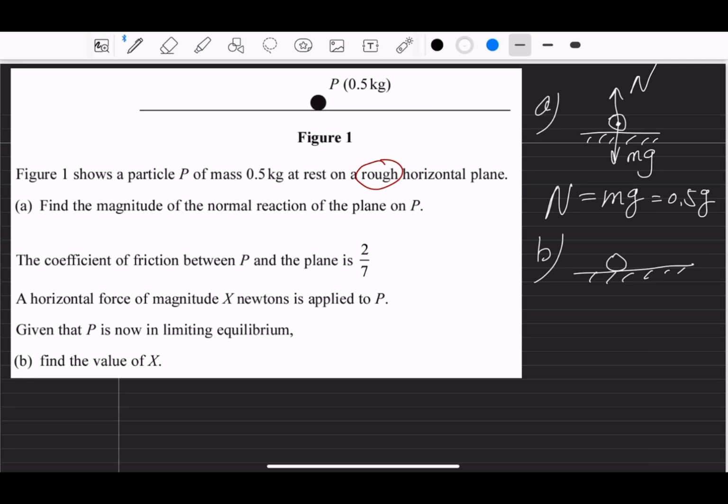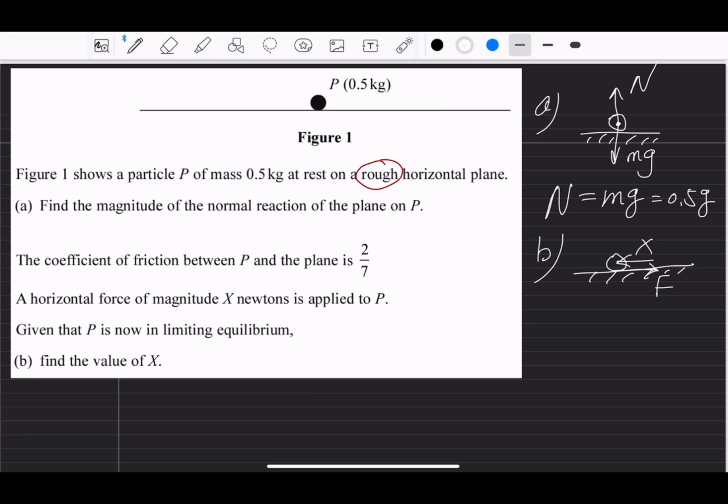So we know P is at rest and in limiting equilibrium, under the effect of a force acting on it. Either this direction or the other direction doesn't matter, because your friction force will be in the opposite direction. So X is the horizontal force, and here will be the friction force in the opposite direction, and they must equal each other in order to have limiting equilibrium on the surface.